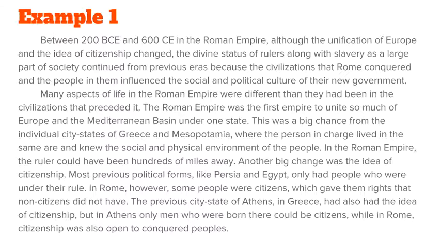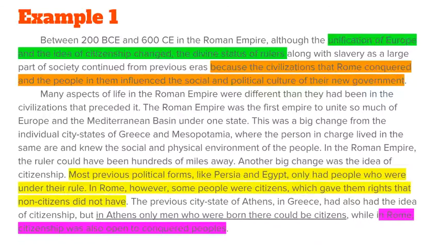Now that you've highlighted on your paper, let's take a look at my highlighting and I'll talk you through what I saw and what I think works and doesn't work in this sample. So here's my highlighting. In the thesis statement, I've highlighted in green unification of Europe and the idea of citizenship changed and the divine status of rulers continued.